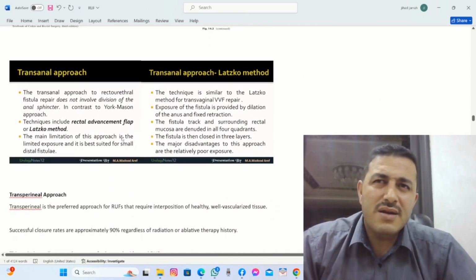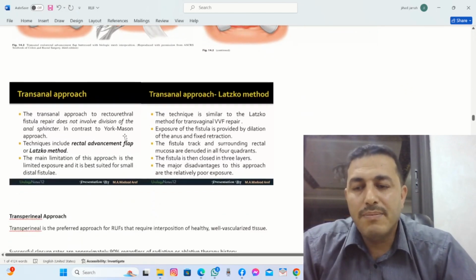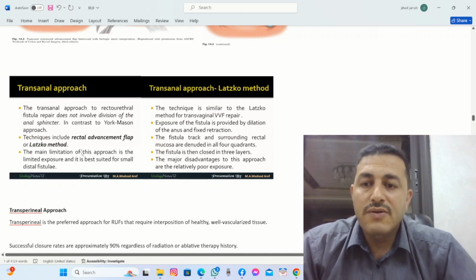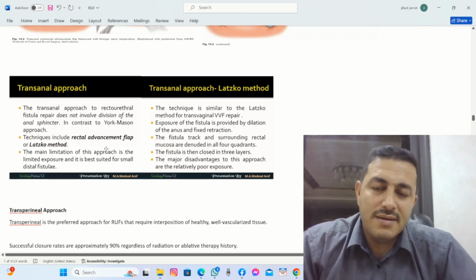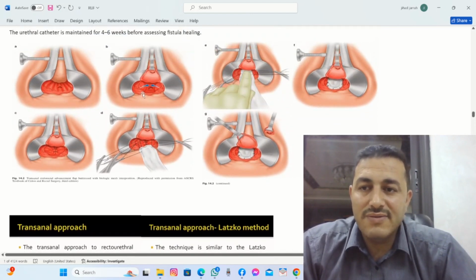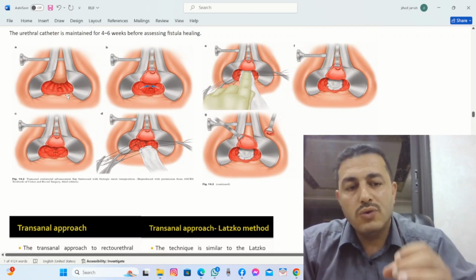There is another transanal approach called the Latzko method, L-A-T-Z-K-O. It's similar to the rectal advancement flap. What I can understand from this technique is that they do a core out.